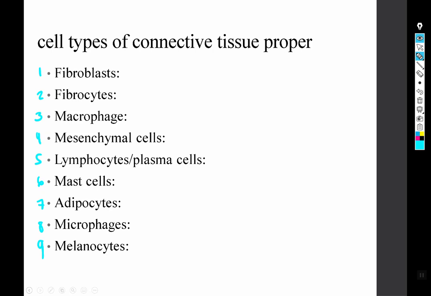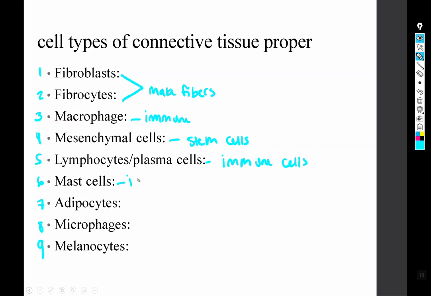So, fibroblasts make fibers. These are immune cells. These are stem cells. These are also immune cells, just of a different kind. These are involved in inflammation.